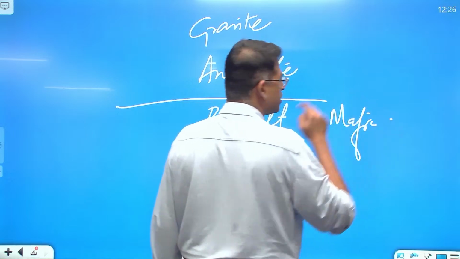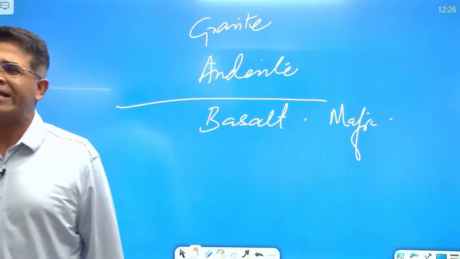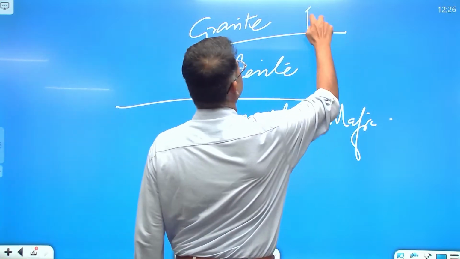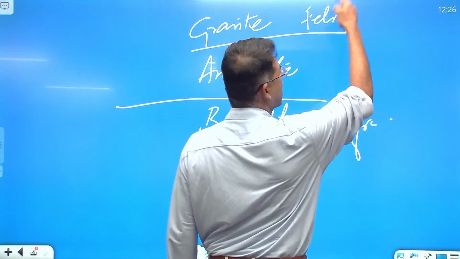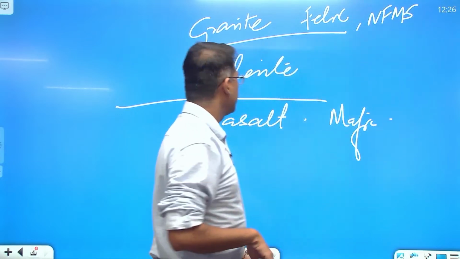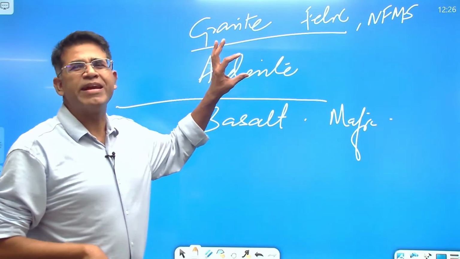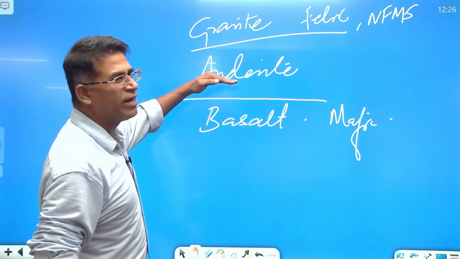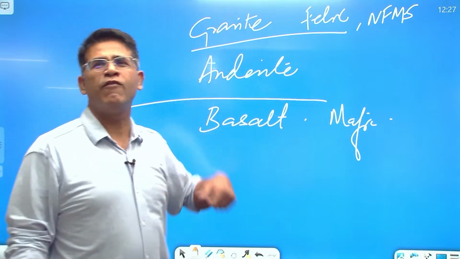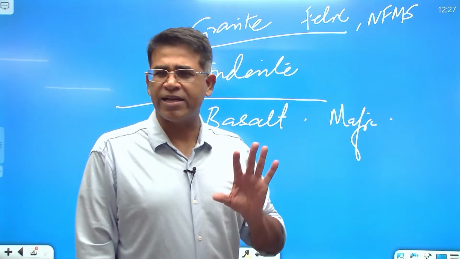Basalt rock is the ferromagnesium silicate type. Granite is the felsic one. Granite is the non-ferromagnesium silicate type. And andesite is the intermediate one, but more towards granite, more towards the non-ferromagnesium silicates.